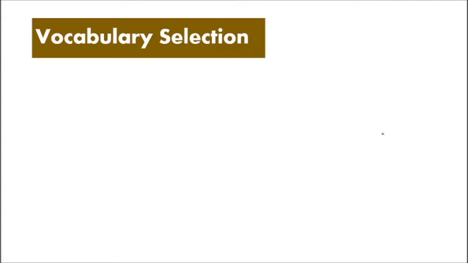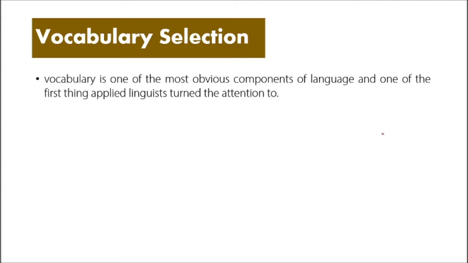So what is the vocabulary selection? Vocabulary is one of the most obvious components of language and one of the first things applied linguists turned their attention to. So they are looking for answers to the question: what words should be taught in the second language?